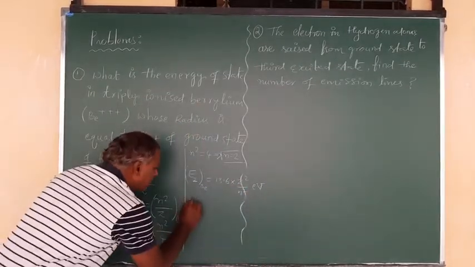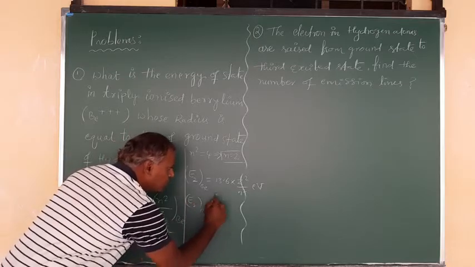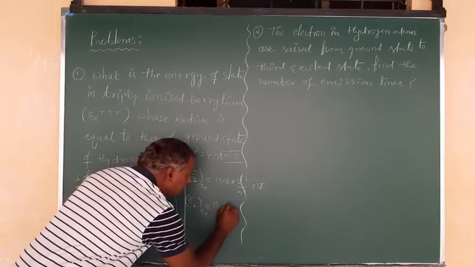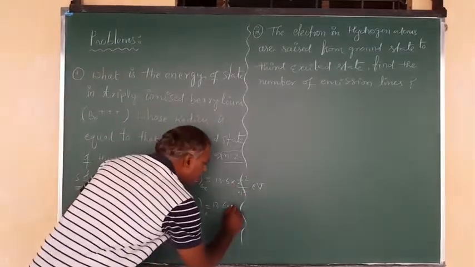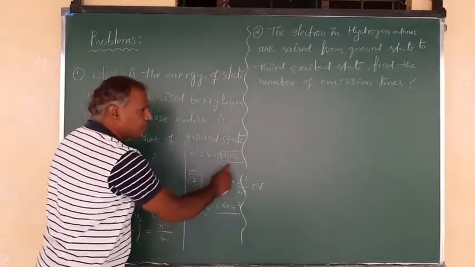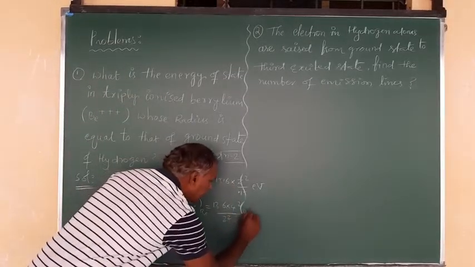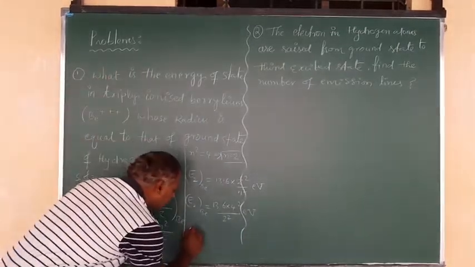So the energy of beryllium in the second orbit is 13.6 into z square, where the atomic number for beryllium is 4, so 4 square upon n square, and n is 2, so 2 square. It is in electron volts, right? Now simplify this.